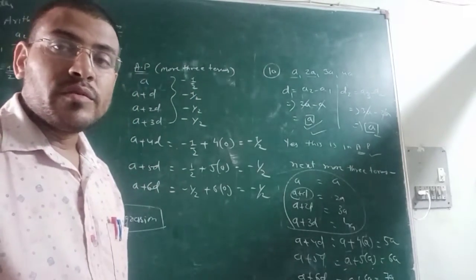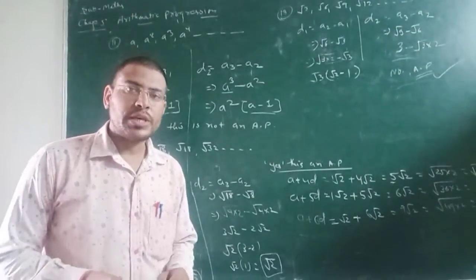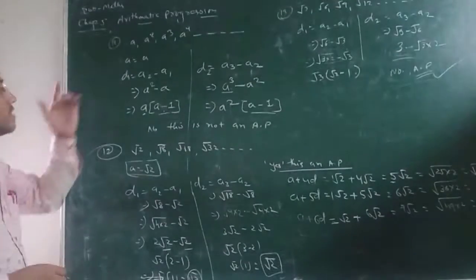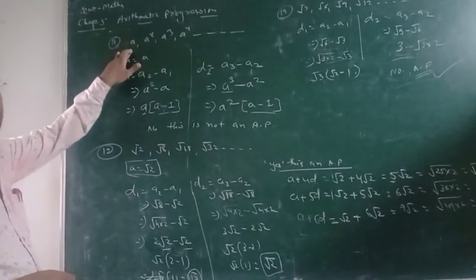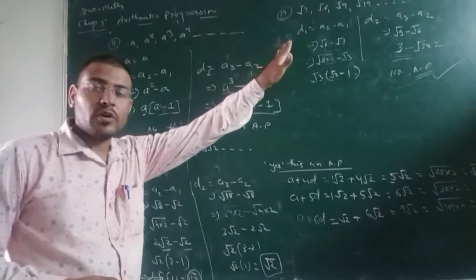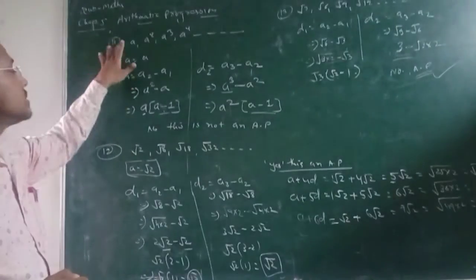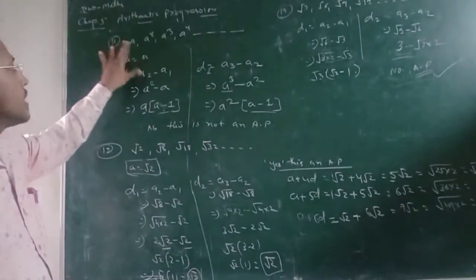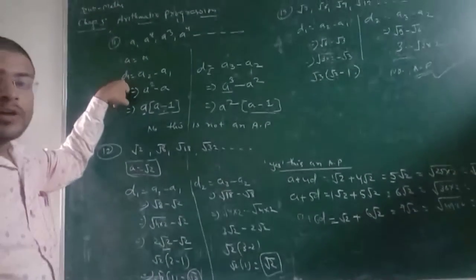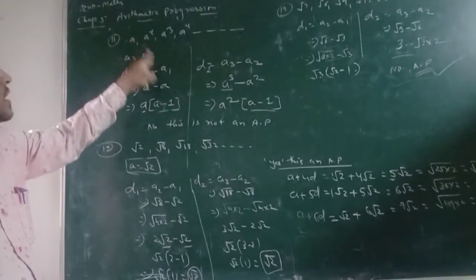Friends, we'll see the next question. Question number 11, where you are given a, a square, a cube, a4, and so on, and we have to find whether it is an arithmetic progression. The first term is a. To find d, the formula is a2 minus a1, that is a square minus a.